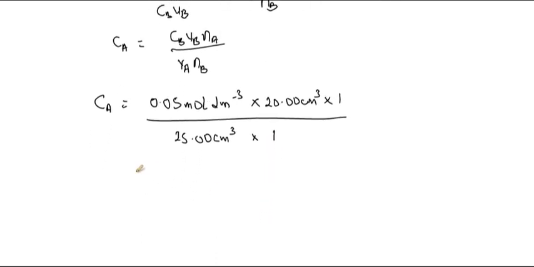So here we have 1 over 25 mole per dm³, which is equal to 0.04 mole per dm³.